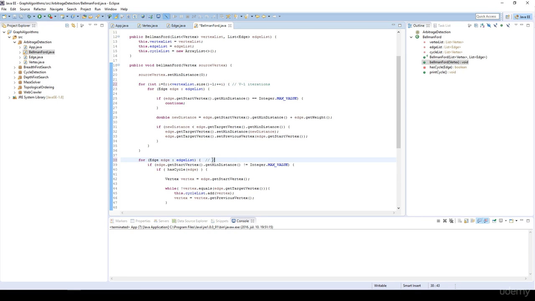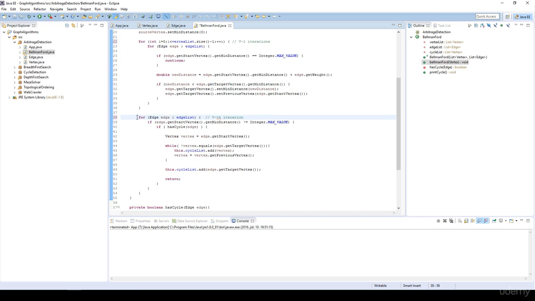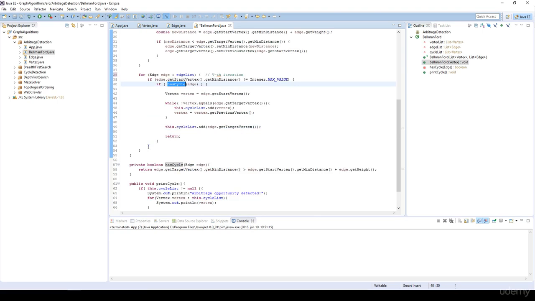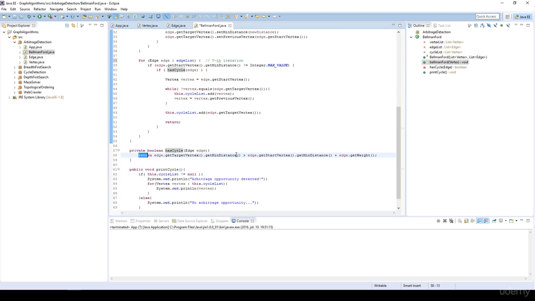But what's important is that after making V minus 1 iterations, we have the V-th iteration in order to check whether there's a cycle or not. And if the edge's start vertex min distance is not equal to the max value and it has a cycle, what does it mean that it has a cycle? That in this iteration the total cost is going to change. So we come to the conclusion that there's a better solution. And if there's a better solution, it means that there has to be a negative cycle.